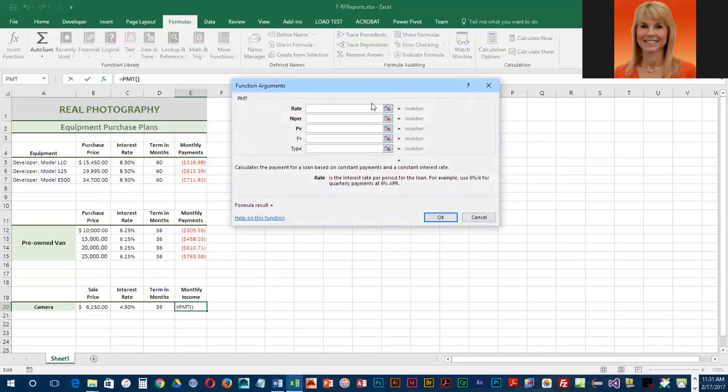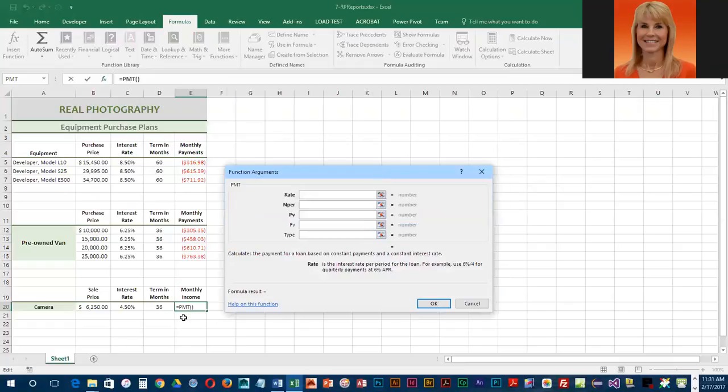And then from this dialog box, for the rate, we click on the rate, and we will be dividing it by 12 because again, it's the yearly rate and we want monthly payments. For the number of periods, we're going to click in the box, and that is in months, so we're just going to go ahead and select it. And the present value is what we're going to borrow, so we're going to click on the price, and we will click OK.